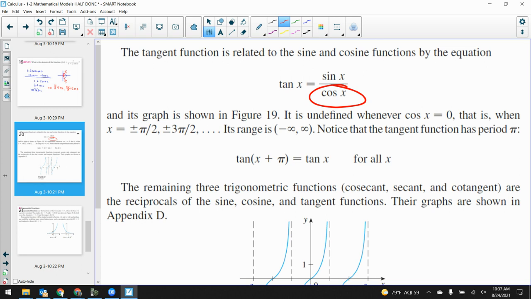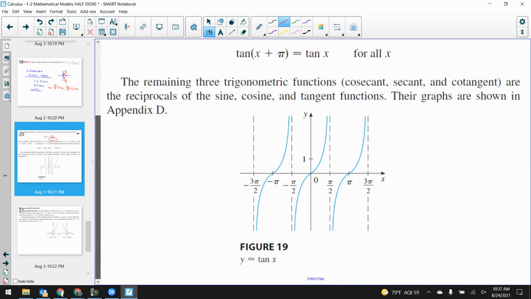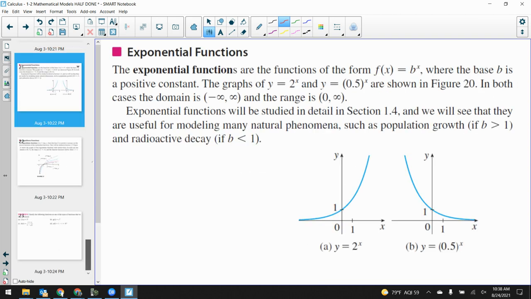Or in other words, at pi/2 and 3 pi/2. So that's why there's those asymptotes in tangent. These places are where cosine gets us a 0. The x value is 0, so that's why it's going to be undefined there.